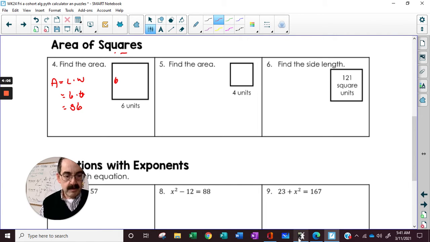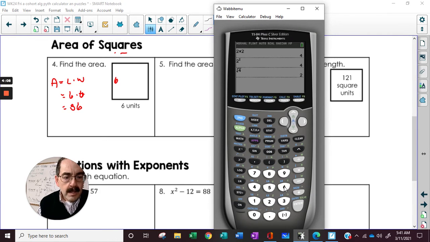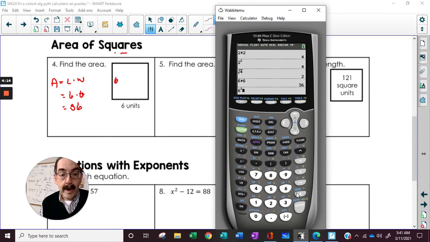So pull up a calculator. 6 times 6, we got a 36. 6 squared is 36. And then how do you undo a squared? The square root button.